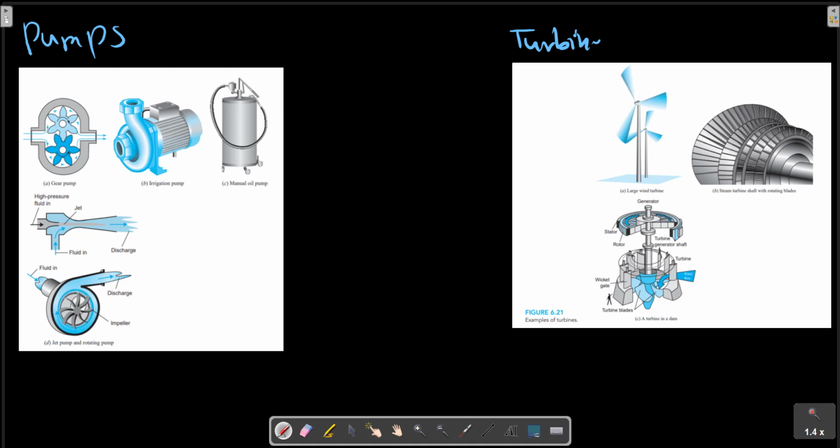The steam turbine's outer stationary housing also has blades that turn the flow. They are not shown in this picture. The steam turbine shaft. This figure shows large wind turbines and a turbine dam, using water as fluid, gas as fluid, and air as fluid.